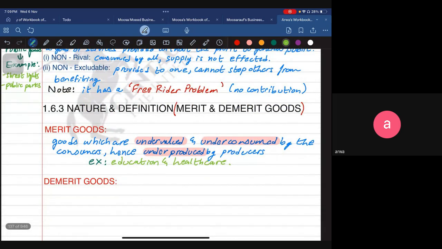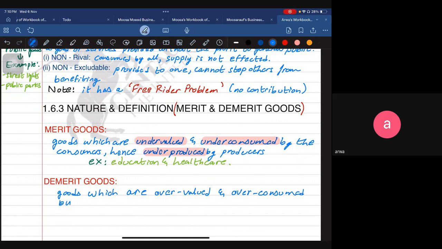Then the second thing is the demerit goods. If we come to the demerit goods, as you already informed me about this, these are goods which are overvalued and overconsumed by the consumers, hence overproduced by producers.